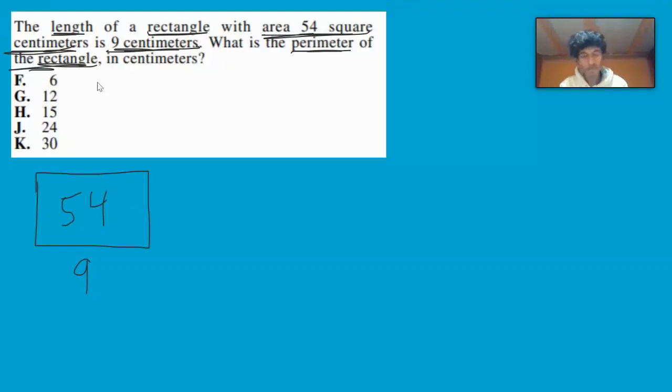If we know the area is equal to 54, we know the area is equal to length times width. So 54 is equal to 9 times width, so our width is 6.